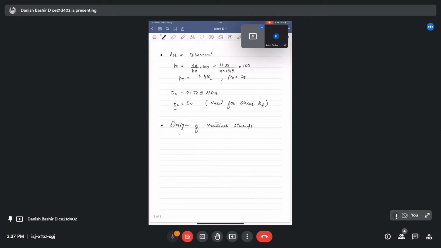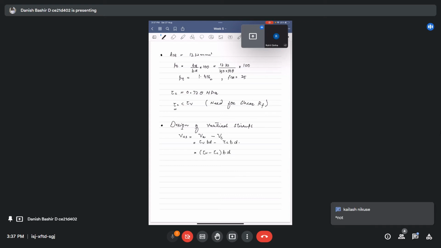So VUS will be the total VU coming at our critical section minus the shear force carried by concrete, VC. VU is tau V into BD minus tau C into BD. It will be equal to (tau V minus tau C) into BD.